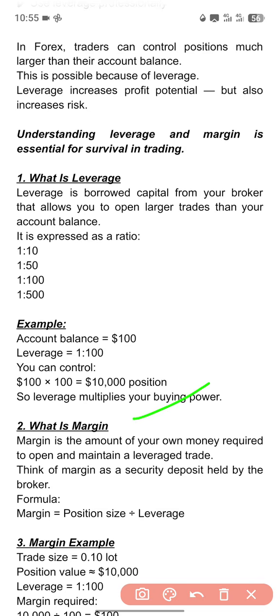When you deposit money with the broker, you are not using that money to open trades, but as collateral for your broker to hold for you. Then you borrow, let's say in this case, $10,000 to trade on the financial market.